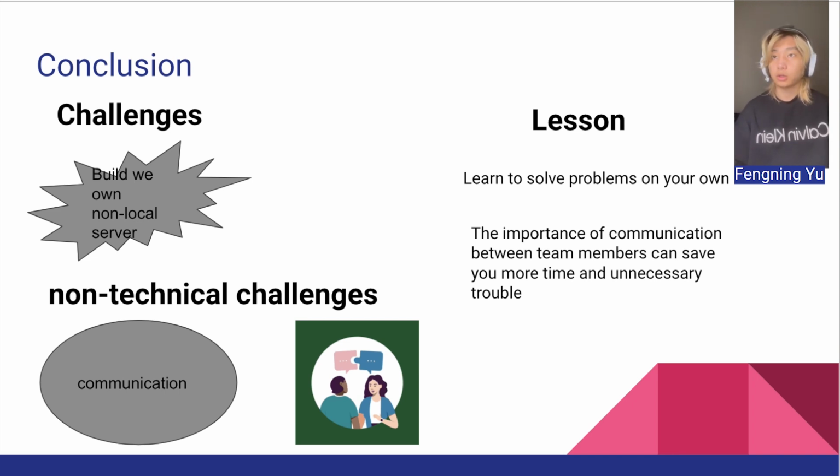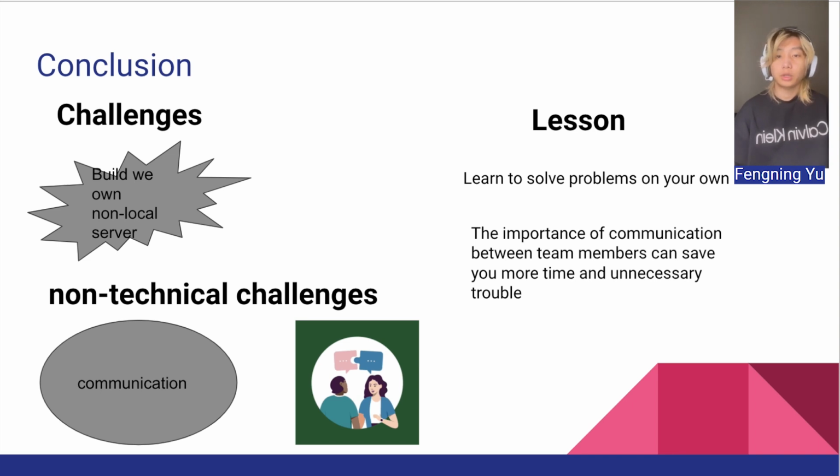For non-technical problems, I think the first problem we overcame is communication. I believe that everyone in my team is very nice, but some people think differently, which leads to conceptual differences.